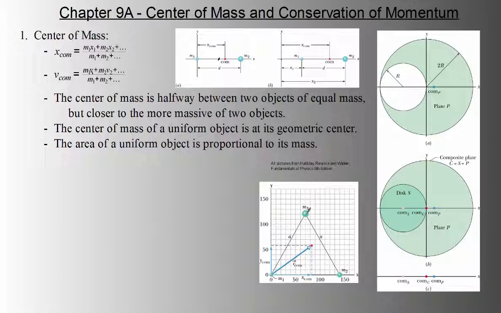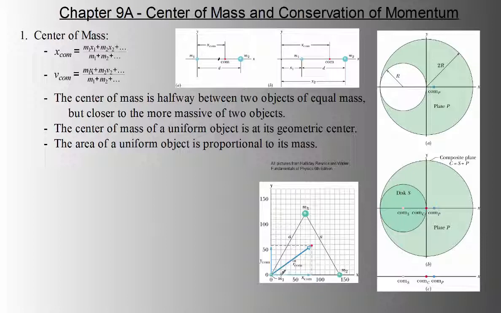But now we have M3 up on the y-axis, and so the center of mass is now shifted up the y-axis a little bit. So because momentum is a vector, and displacement, position is a vector, and velocity is a vector, then you need to treat these like components.